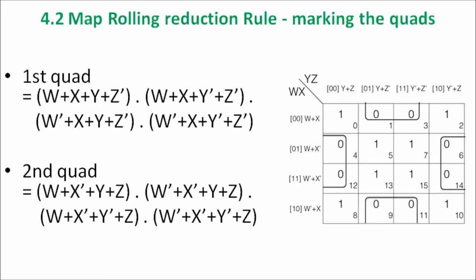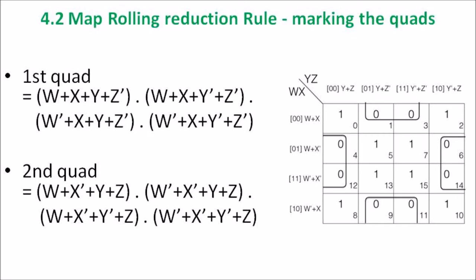Similarly, in the case of a quad marking also, we can mark the quad based on this principle. Let us consider this figure. Here we can form the first quad by pairing or marking the cells M1 M3 in the top row and M9 M11 in the bottommost row.